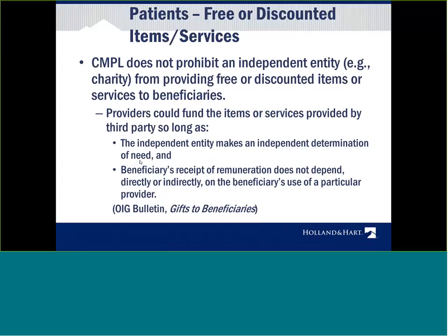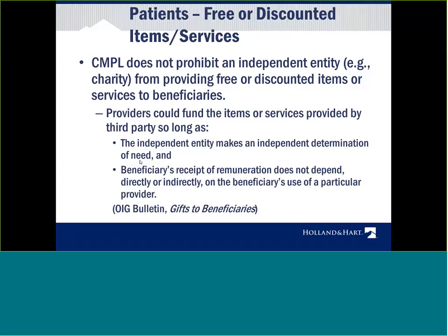So if there's an independent entity that's also providing free or discounted items to beneficiaries, that type of arrangement and provision is not prohibited in the Civil Monetary Penalties law, and providers may be able to fund those items or services that are then provided by the third party.